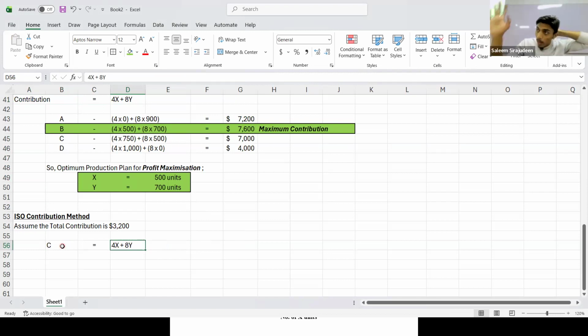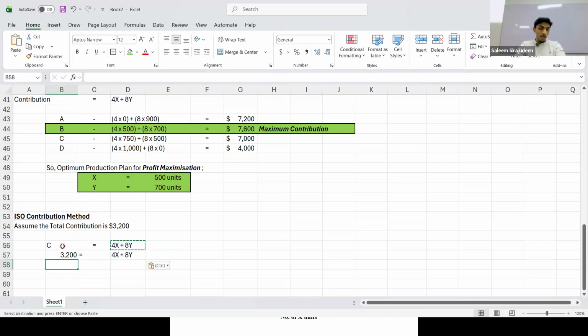Then C, that is 3200, then 4x plus 8y, right? So this is your contribution line.